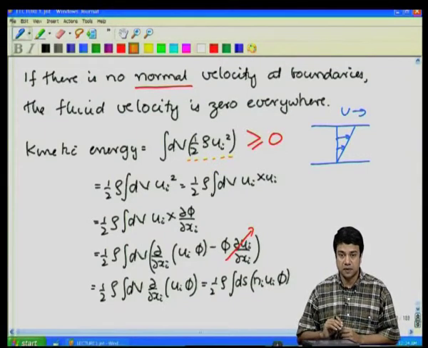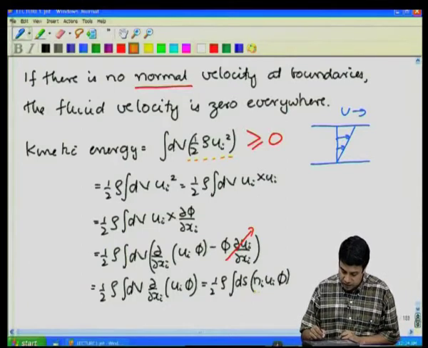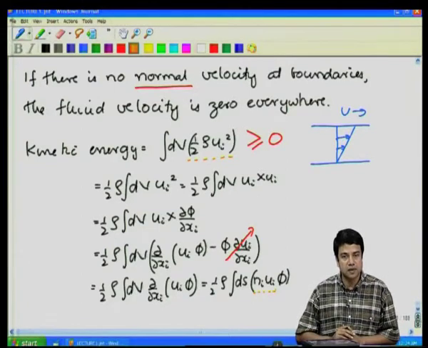Because if somewhere the velocity is non-zero, whether it is positive or negative, the kinetic energy will always be positive, because it's proportional to the square of the velocity. Therefore, unless u dot n is not equal to 0 on the bounding surfaces, the total kinetic energy is 0, and therefore, the velocity is 0 everywhere within the flow.